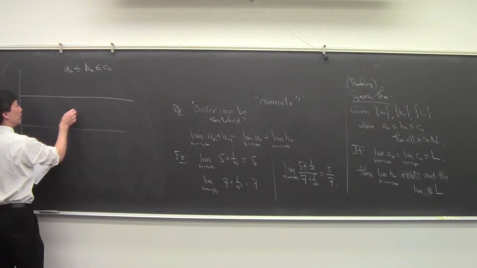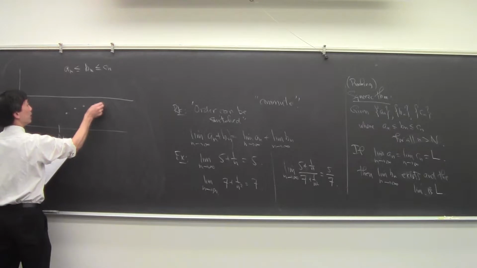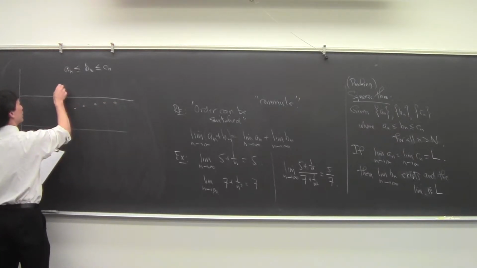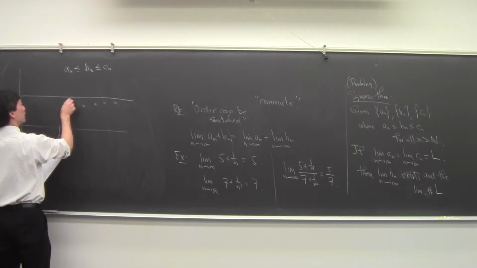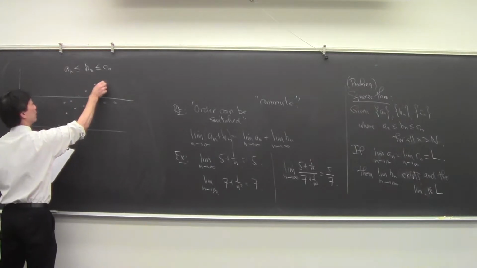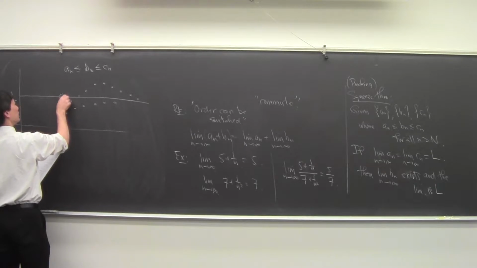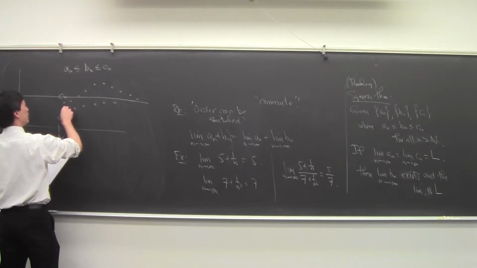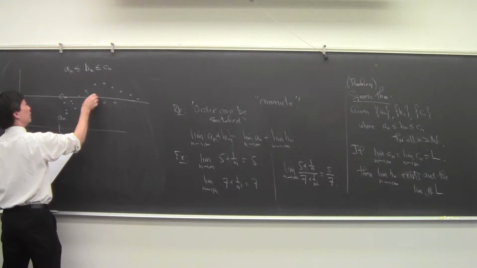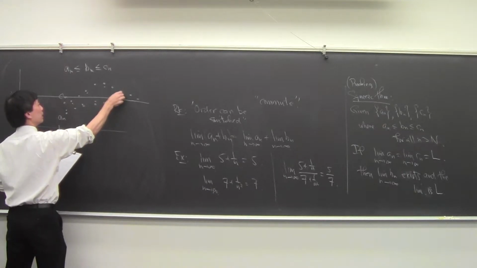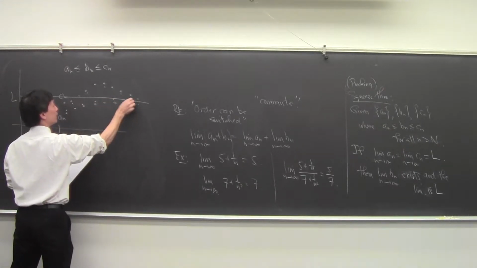So you've got one lower guy, the A sub n's, you've got one upper guy, the C sub n's, and you've got somebody in the middle, somebody trapped between these guys.